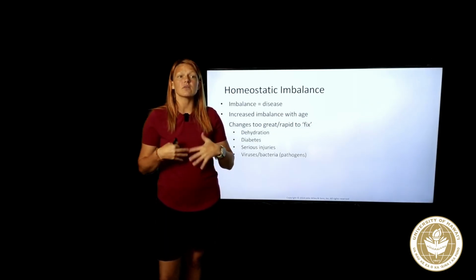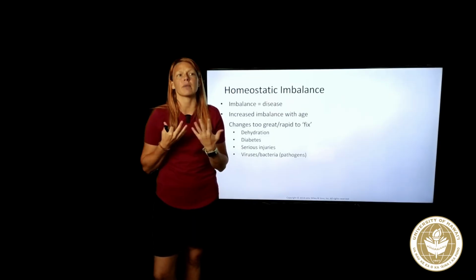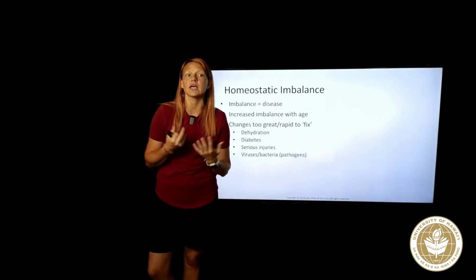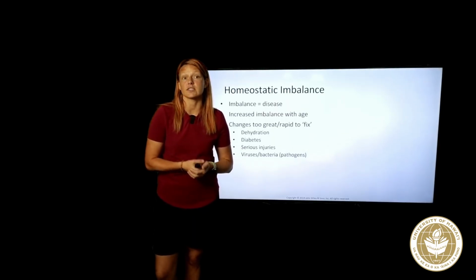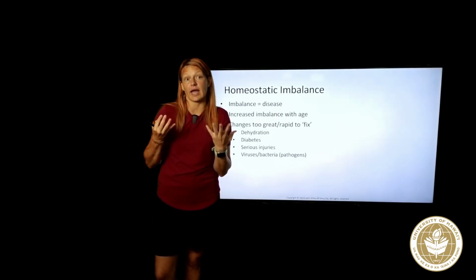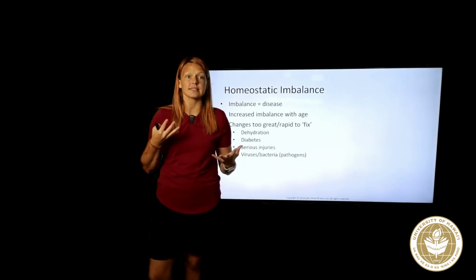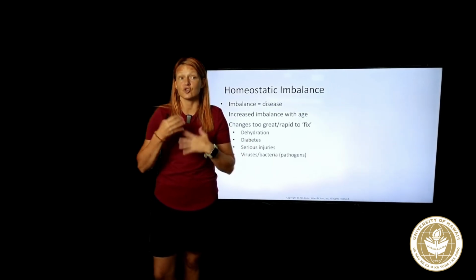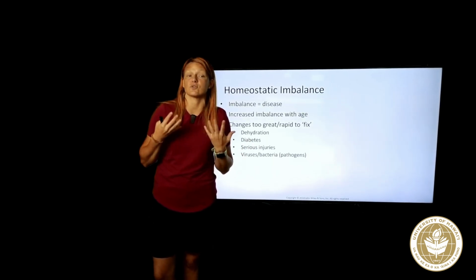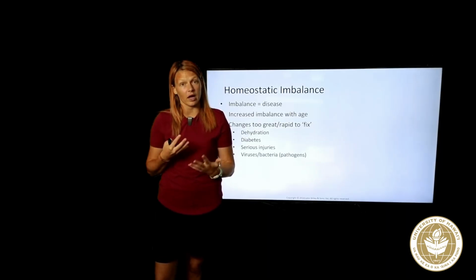So in terms of this homeostatic imbalance, you've probably heard stories about people who have died of things like anaphylaxis, right? Being allergic to food, and then the body attacks itself, and sometimes that immune response is just too great, and our bodies can't recover from that.